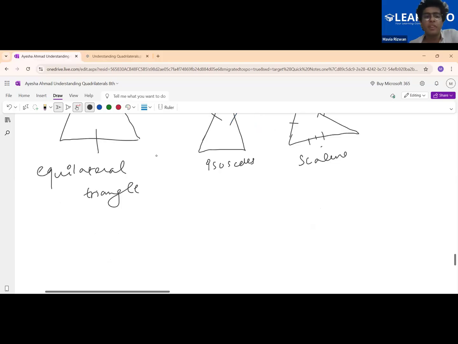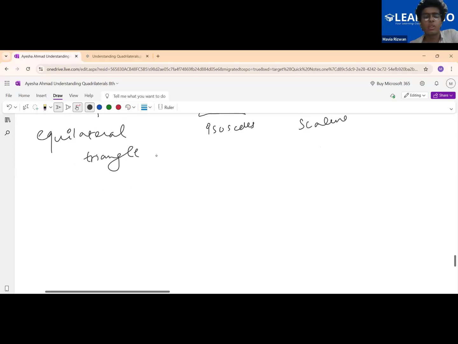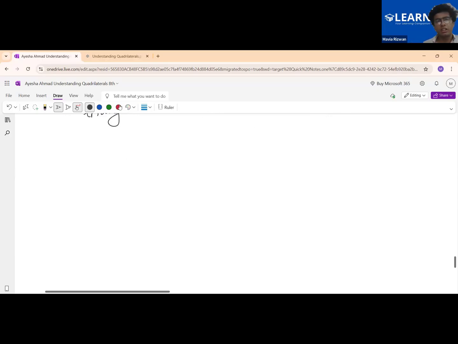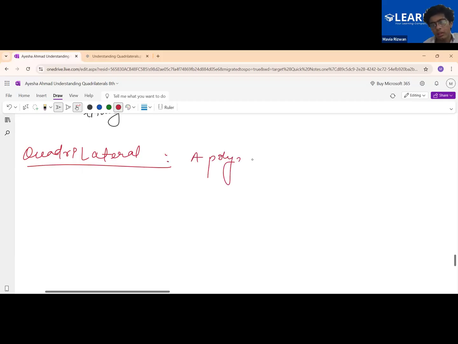Now the next type of figure which we are going to talk about, and the chapter is about that, is known as a quadrilateral. Now quad means four. So a polygon with four sides is known as a quadrilateral.